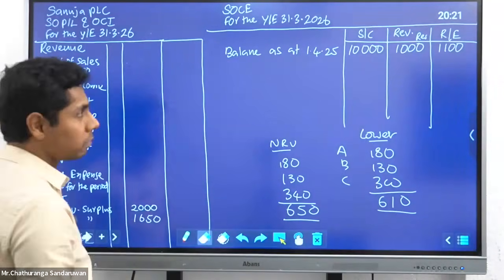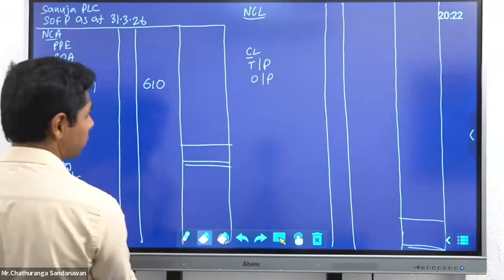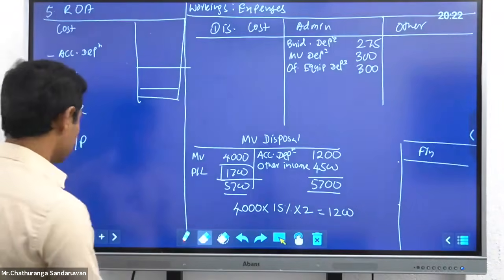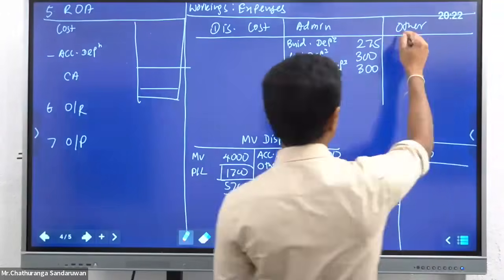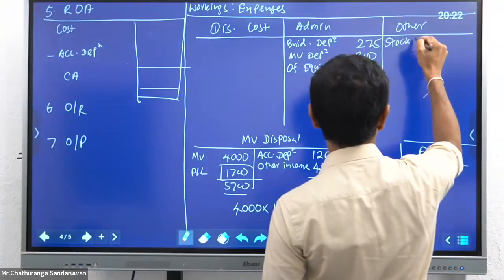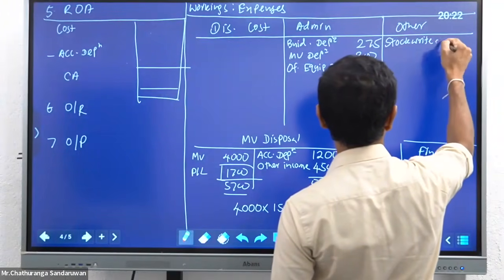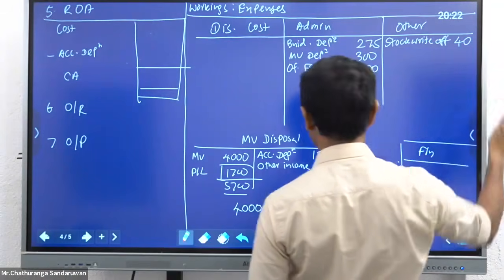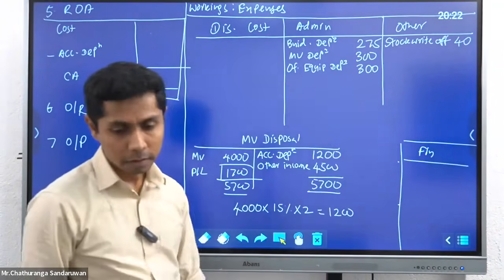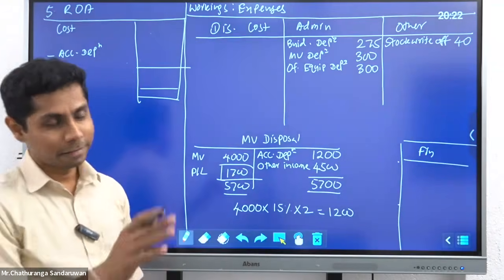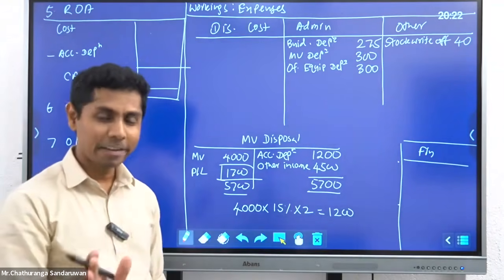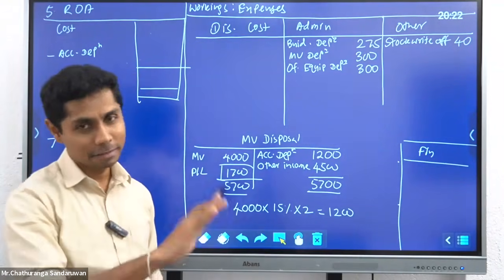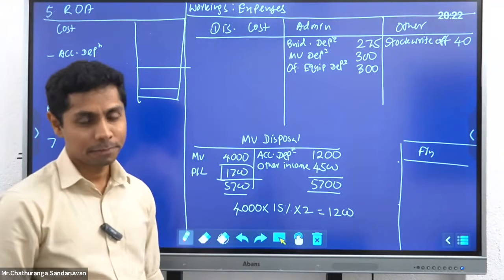So take that 40 into the other expenses. Stock write-off 40. All right, stock write-off 40. Because really that happened because total NRV is equal to total cost here.